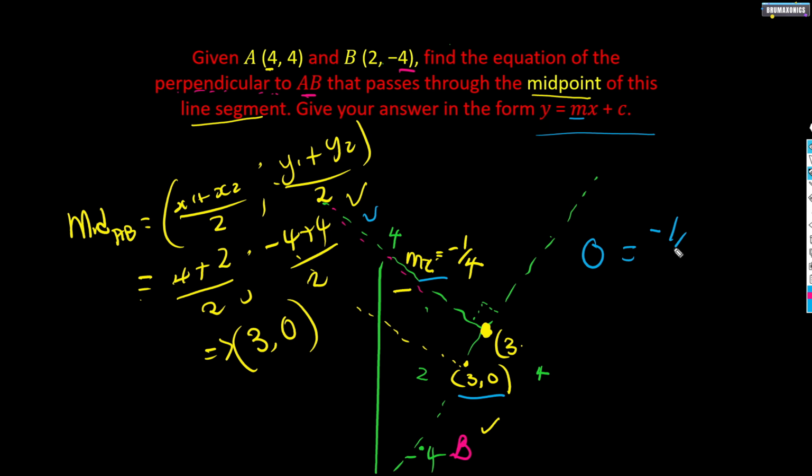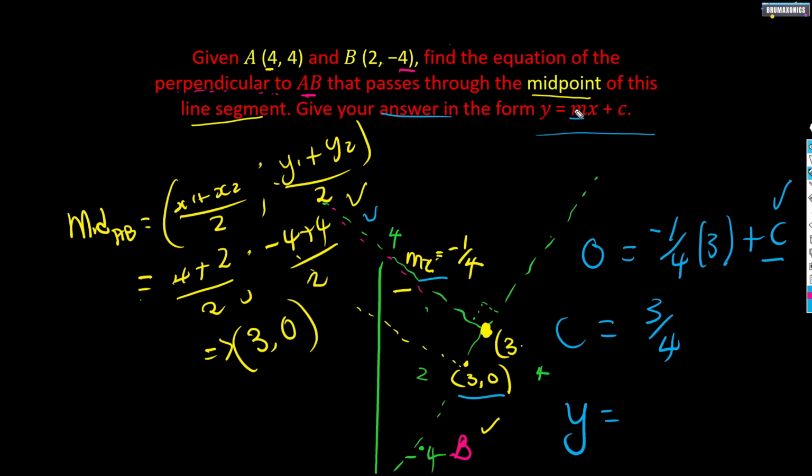Our m is negative 1 all over 4, and then x, and you know that our x is 3, and then plus c, just to get the value of c, right? And then c is equals to, we take this to the other side, and then it will be positive 3 all over 4, right? Meaning that now we have the value of c here, then we can give the answer in this form, which is y equals to, what is our m?